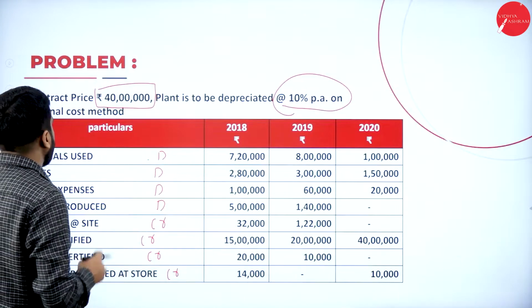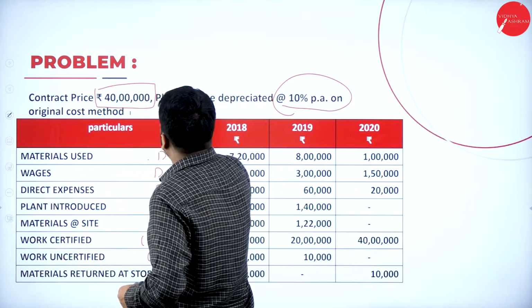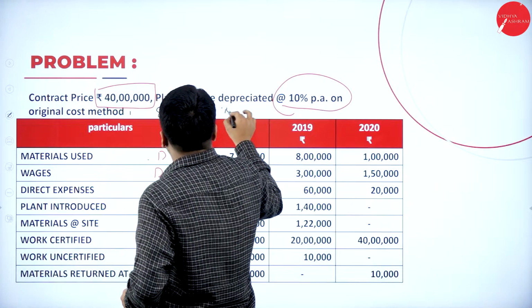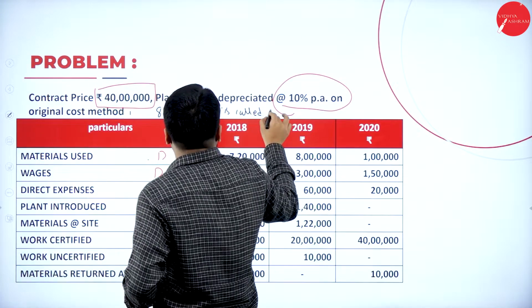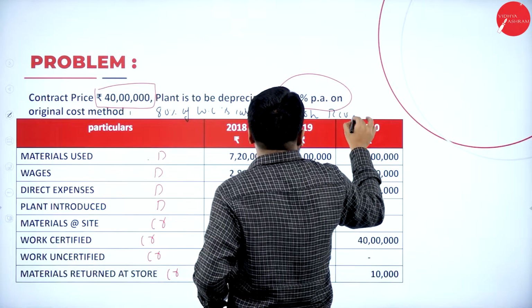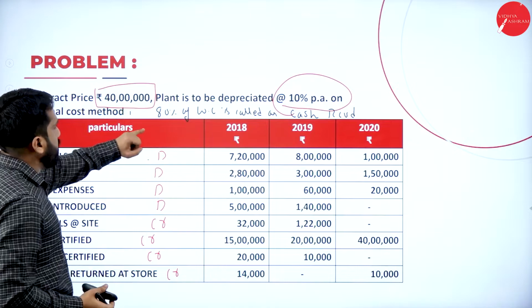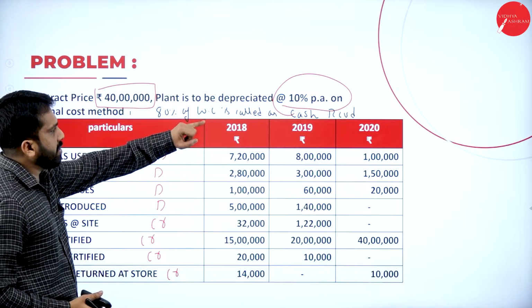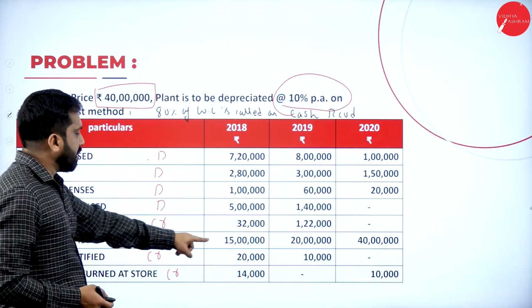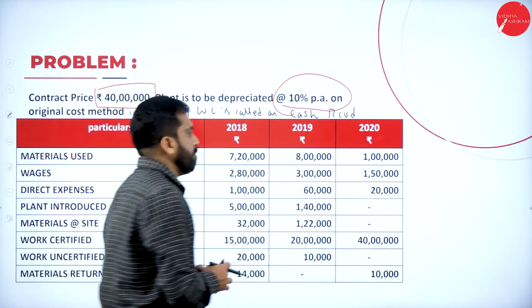Now, in the question, they will mention that 80% of the work certified is called cash received. Now, what is your work certified? 15 lakh. What is 80% of that?